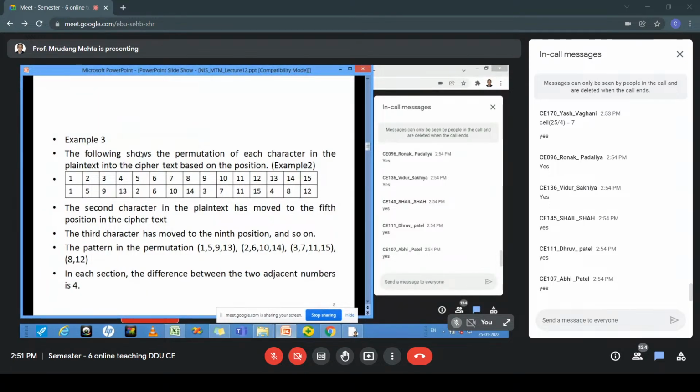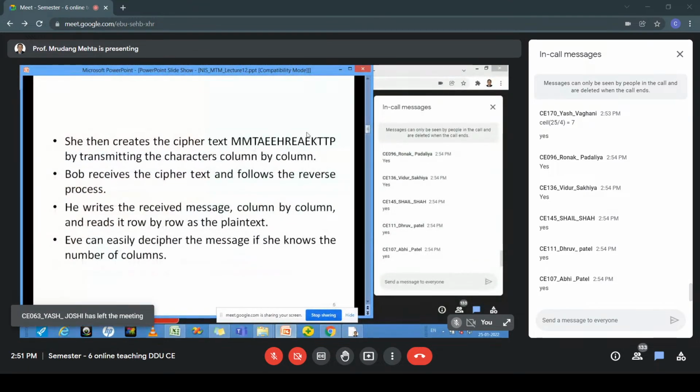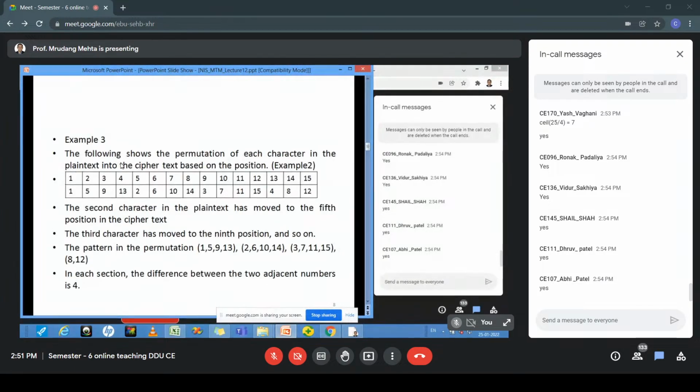So this table shows the permutation of each character in the plain text into the cipher text based on the position. This plain text is converted into this cipher text, and that is based on the position that is explained in this third example.